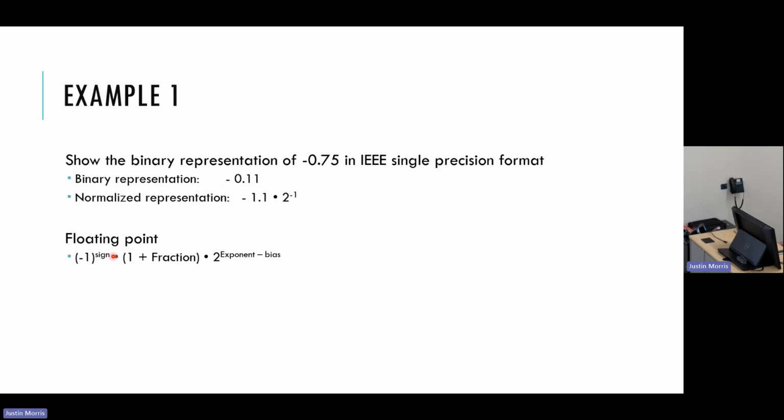So what is our sign bit? What would our fraction bits be? What is the fraction from this part? There are 23 bits.